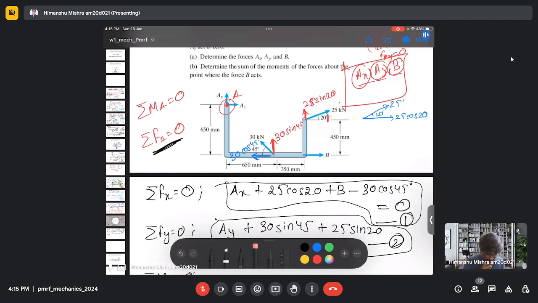So now the contribution will be coming from the third, sorry, 30 sine 45 here, and this is my perpendicular distance, and due to 25 sine 20, and this will be my perpendicular distance or the normal distance from point A.